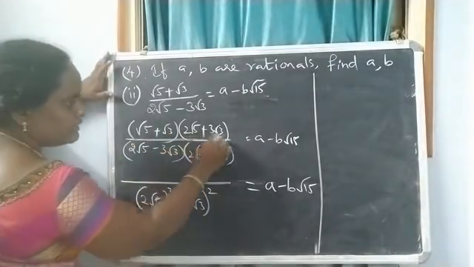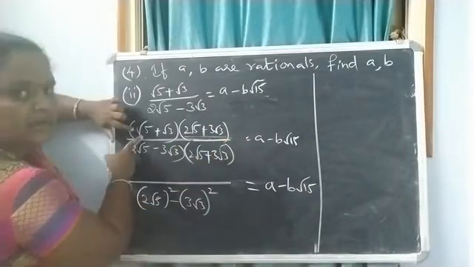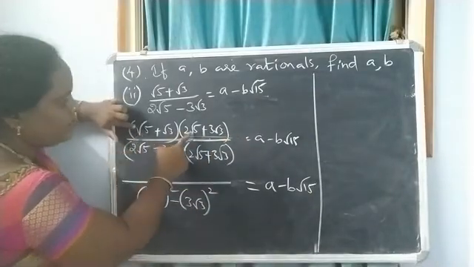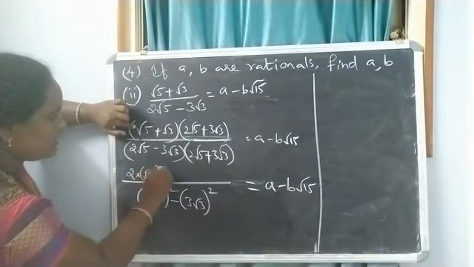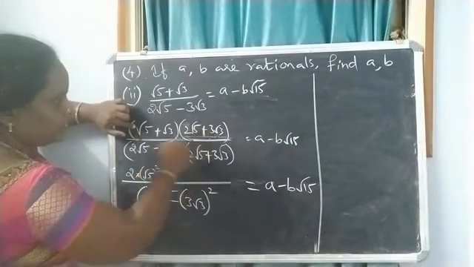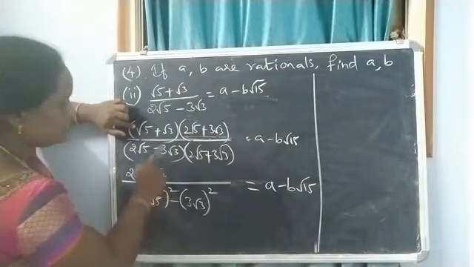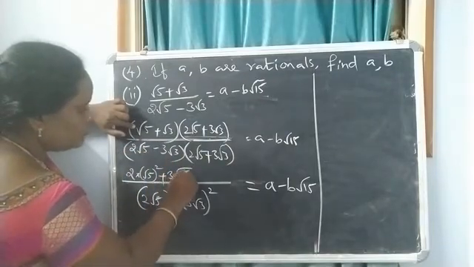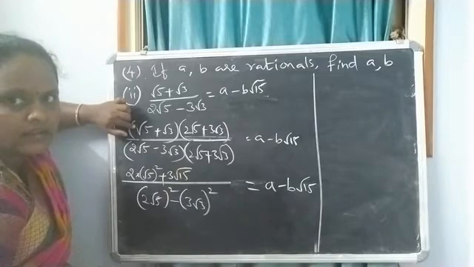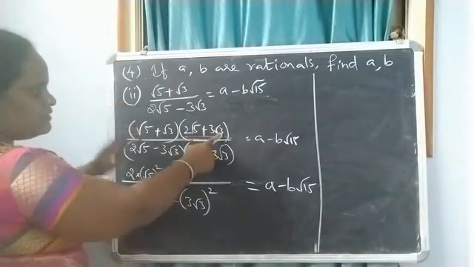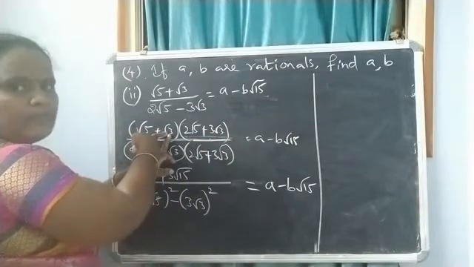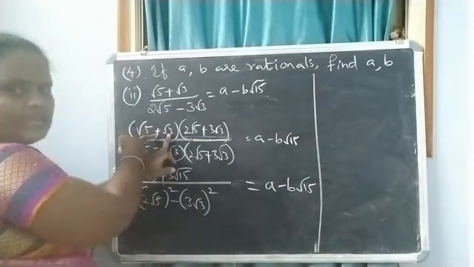Now, the second binomial, I am going to multiply with root 5 first. So, root 5 into 2 root 5, that is 2 into root 5 into root 5, that is root 5 whole square. Next, 3 root 3 into root 5, that is plus 3 into root 3 into root 5, that is 3 into root 15. Now, both the terms we need to multiply with root 3, but while multiplying with root 3, the plus sign also we need to multiply.